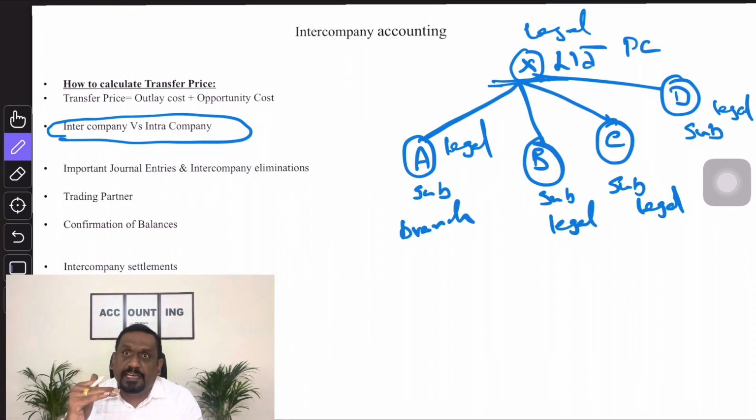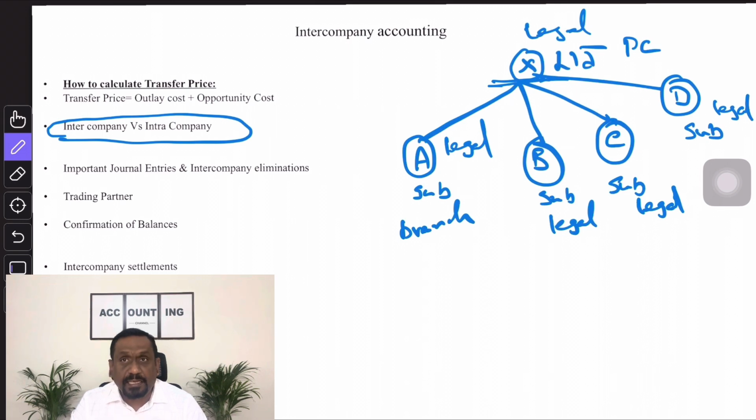Under that legal entity, different branches are created, and the transactions between these branches and the parent company are intra-company transactions. Suppose X Limited is a legal entity and it created different legal entities, and the transactions happen between the parent company and different legal entities, those are intercompany transactions. So please note this point.